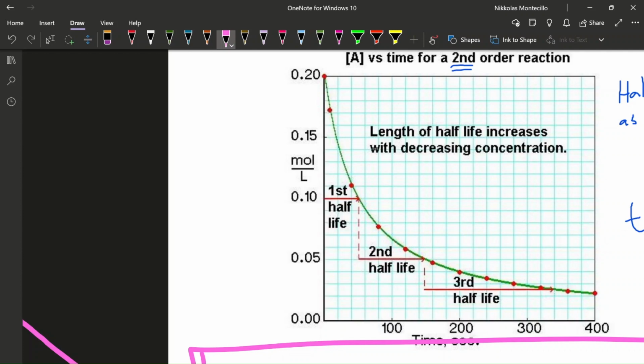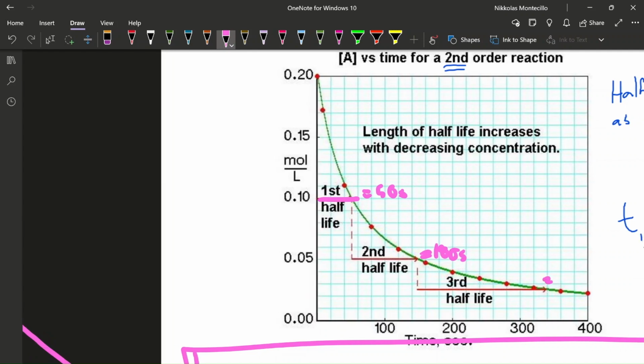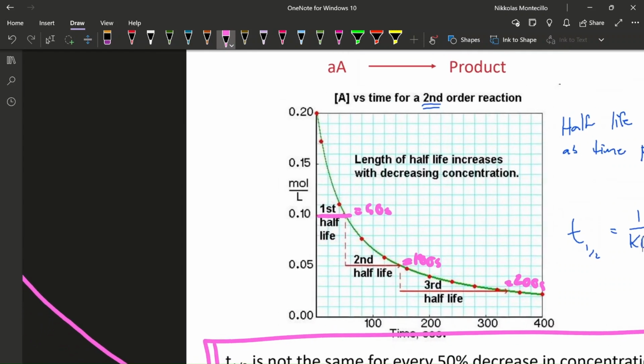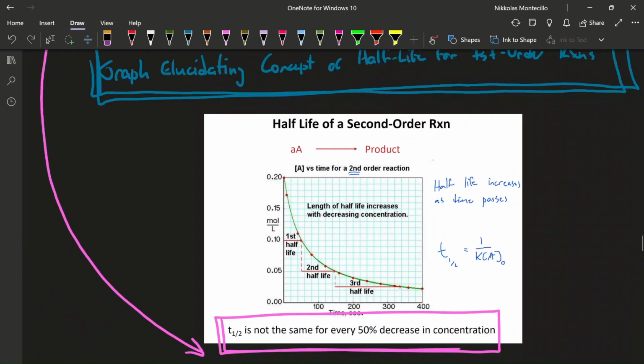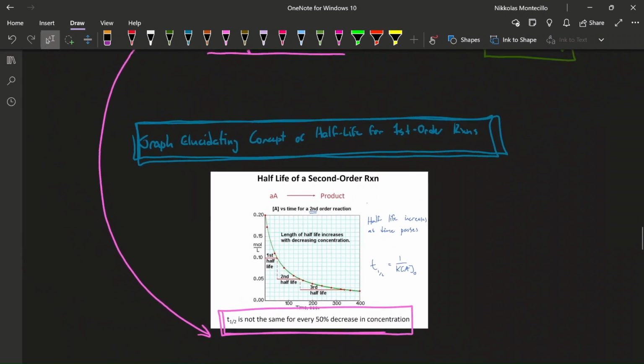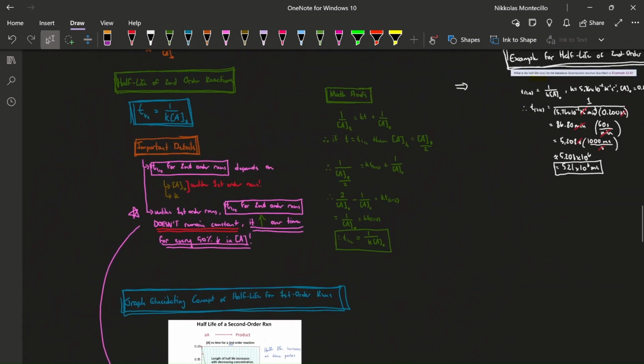But in the second half-life, we find that it almost takes 100 seconds. So t1/2 here equals 50 seconds, the second half-life equals 100 seconds, and then the third half-life is equal to 200 seconds. So we can see that the half-life increases with decreasing concentration for second-order reactions. That's super important to understand. Okay.